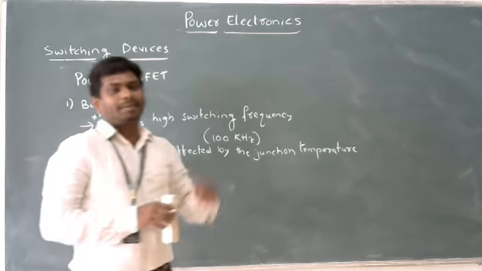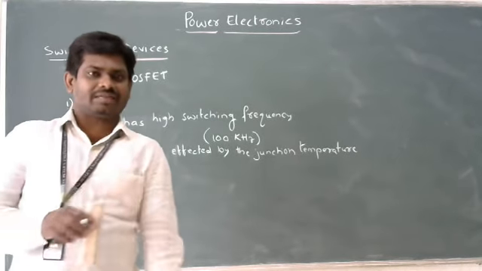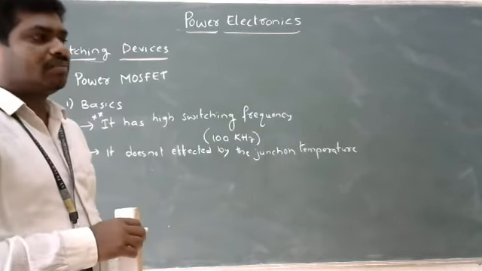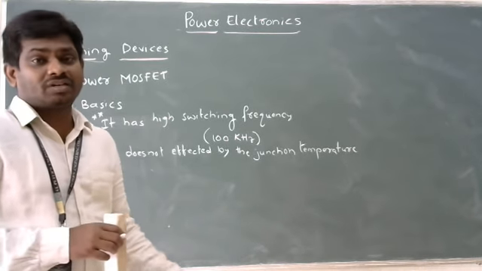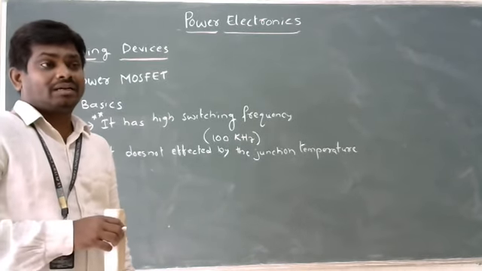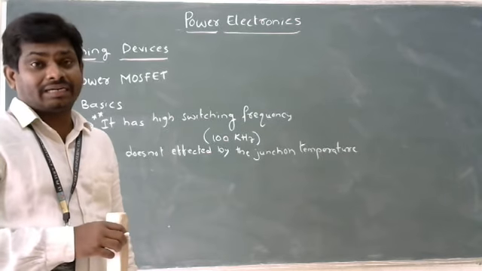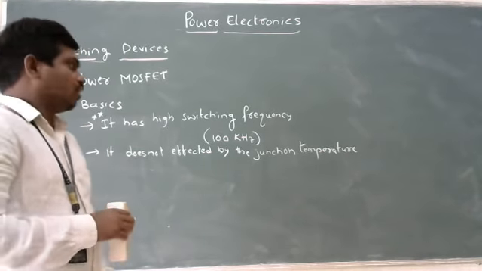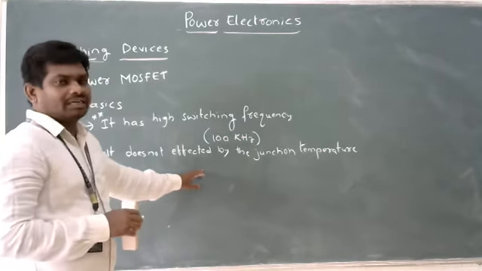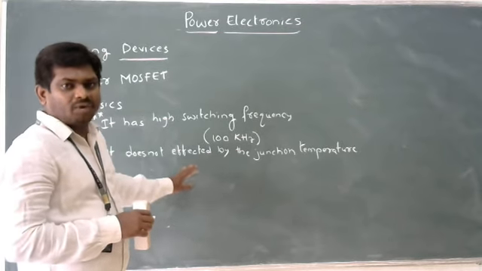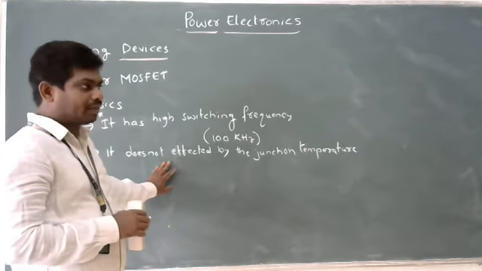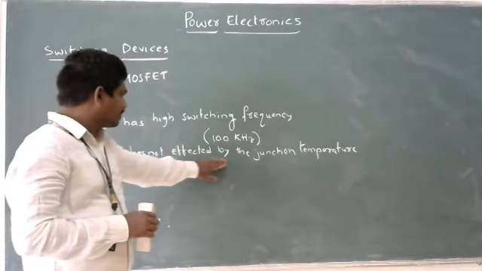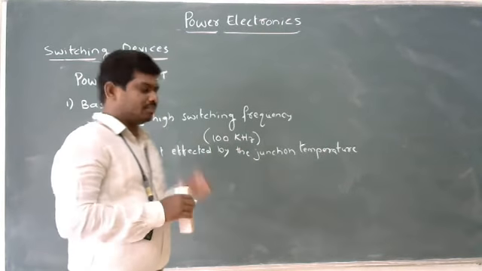In the power BJT, there is one disadvantage: because it is a current control device, it depends on the variation of the base current, which is affected by the junction temperature. Here it is a voltage control device, not a current control device. That's why it is not affected by junction temperatures.